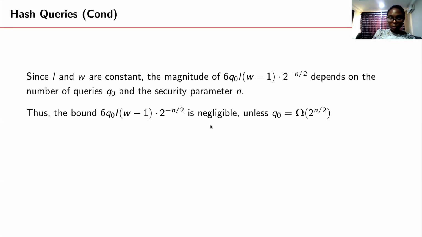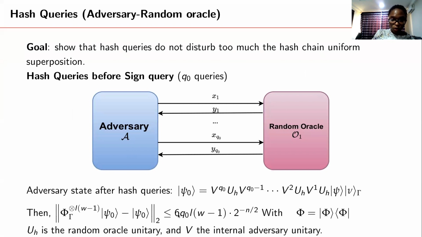So it means that those two states are close, meaning that the hash queries before the sign query do not give significant information about the hash chain to the adversary.